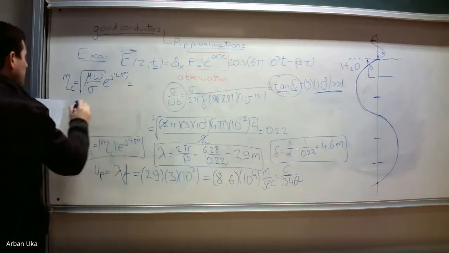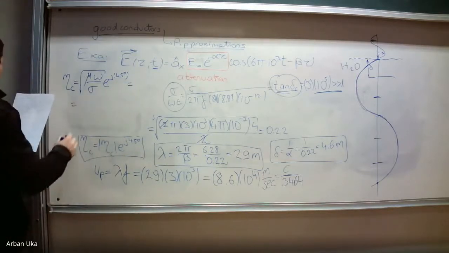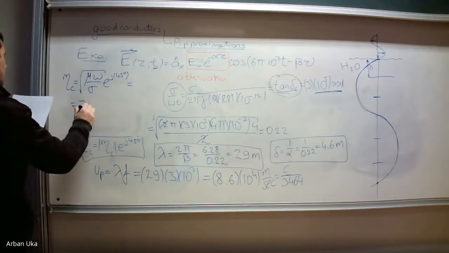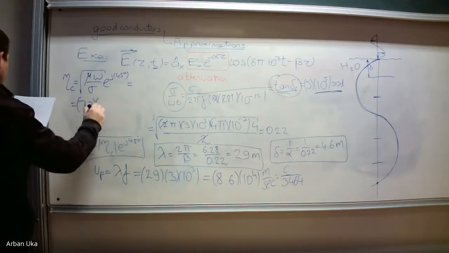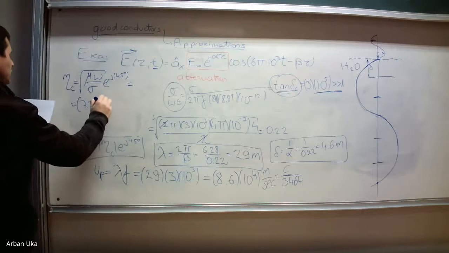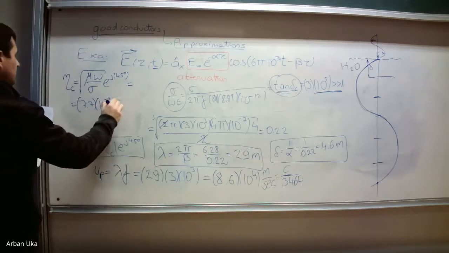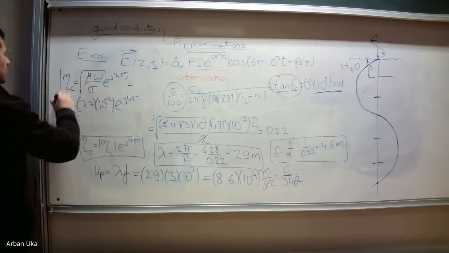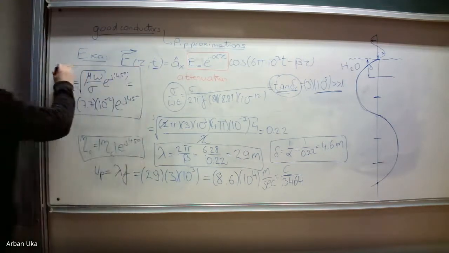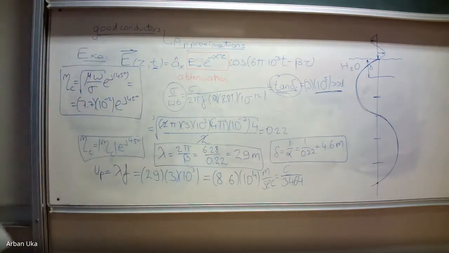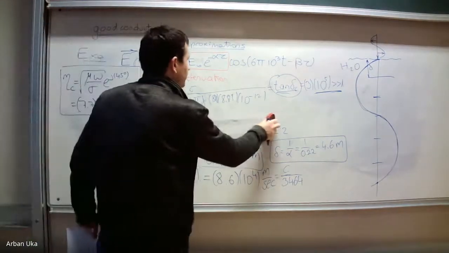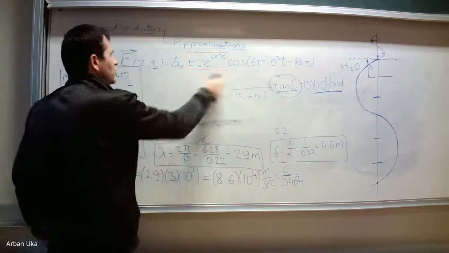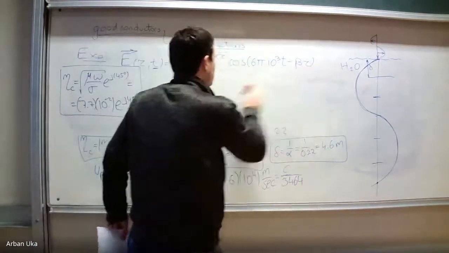If we substitute the numbers, this is going to be something like 7.7 times 10 to the power minus 2 times e to the power j 45 degrees. Okay, so this is the impedance. With this impedance, I think we can erase this because we know what this was.